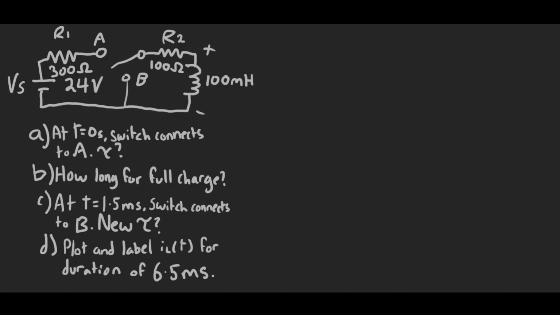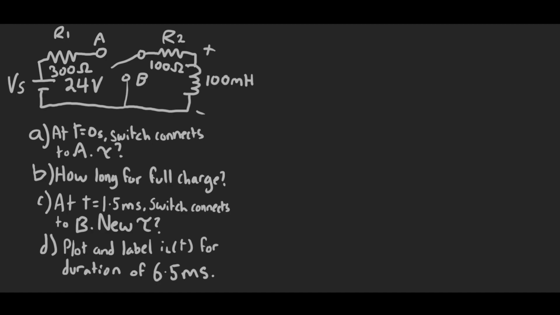So just a little walkthrough here. At part A, at time equals 0 seconds, the switch connects to point A of the circuit, and you are to calculate the value of the time constant. Part B is how long will it take for the inductor to reach a full charge of current. Part C, when the time is equal to 1.5 milliseconds, the switch connects to point B of the circuit.